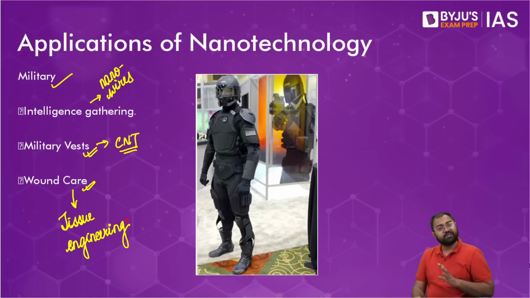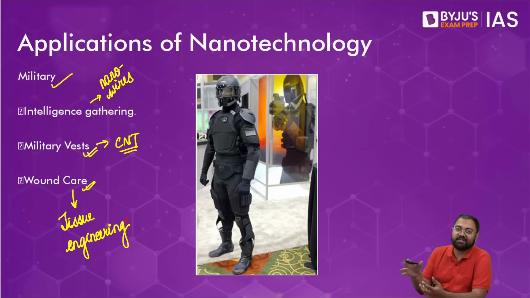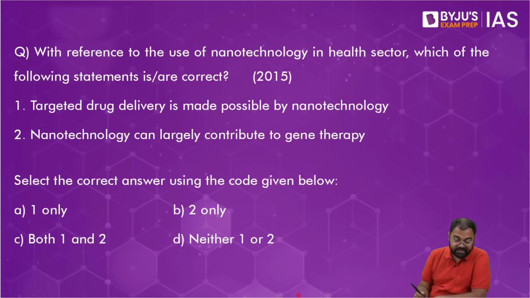So that's why applications of nanotechnology are everywhere, and without a doubt a lot of areas are still to be discovered. We are still looking at just 10-20%, I would say, not more than that. And in all these cases, there are a lot of things which are yet to be done. Read this question.